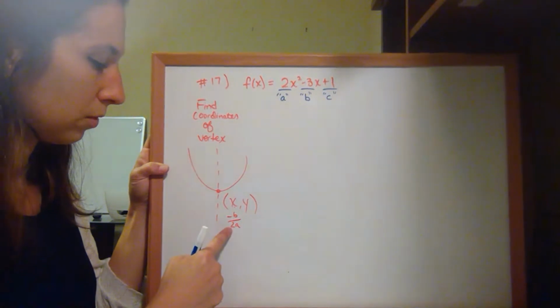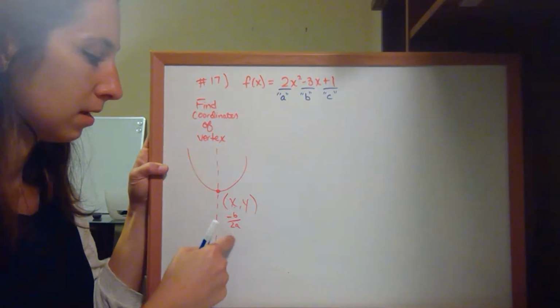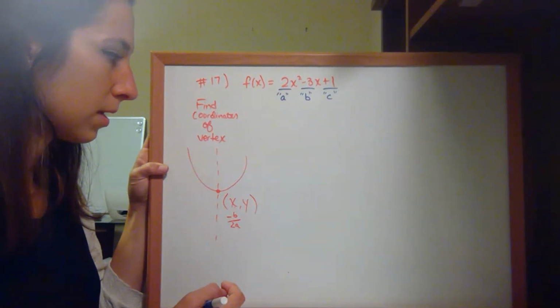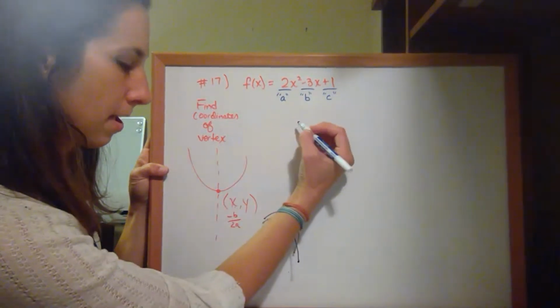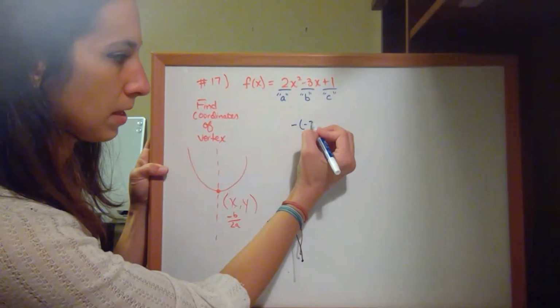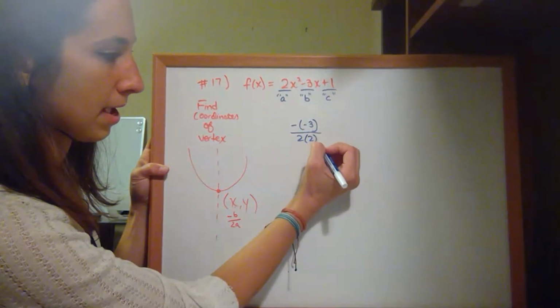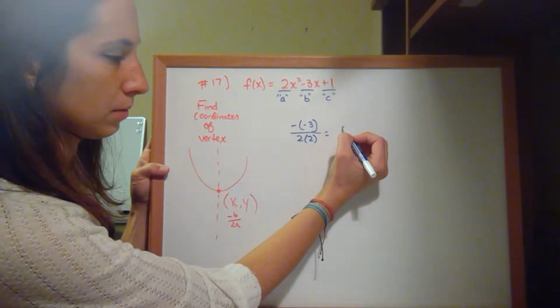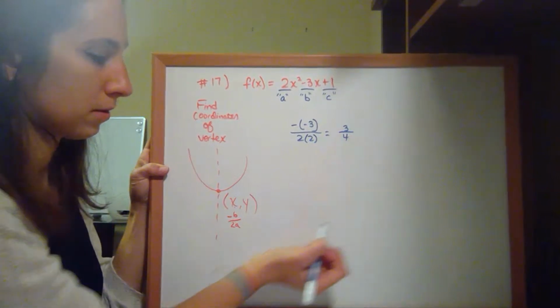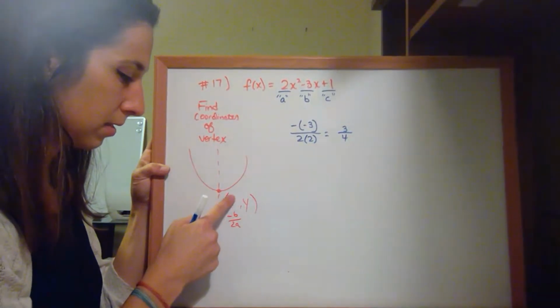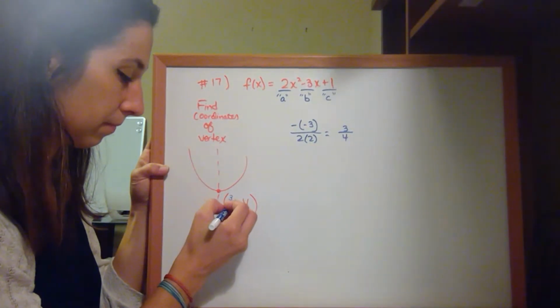Using this little piece to find the x coordinate of the vertex, we have negative b over 2 times our a, which is positive 3/4. Okay, so that's our x.